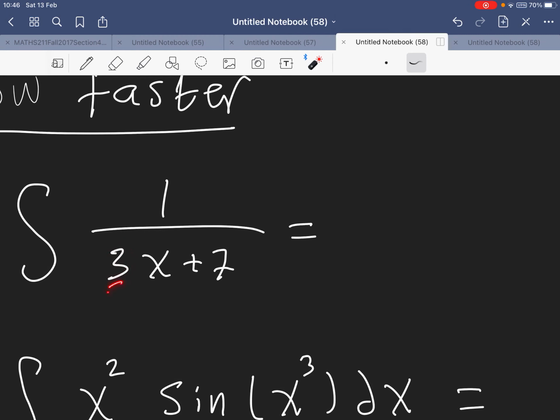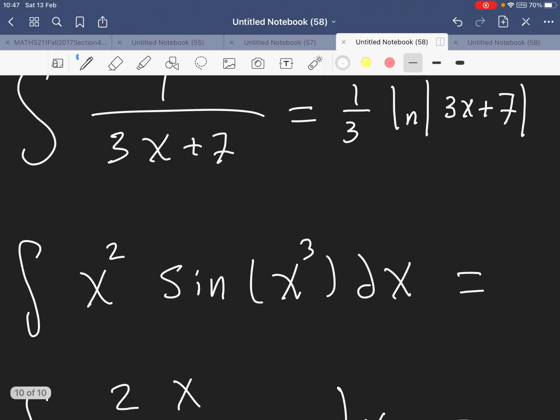Now, what will be the effect of a 3 if we use the substitution? If I call this one u, the only effect is I will divide by 3. So I'll get just 1 over 3 ln of 3x plus 7.